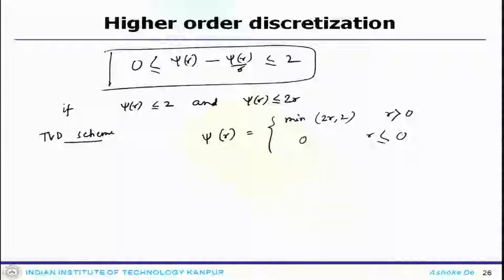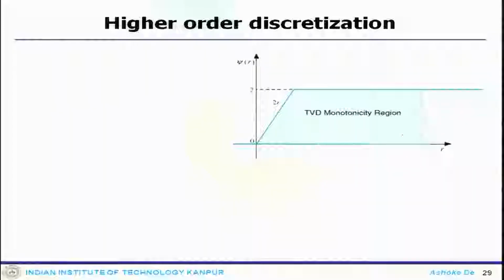So, that is the condition that one can devise, and this condition can be seen in the psi r diagram. This is called the psi r diagram, and this is the region which is the TVD monotonicity region, where it is satisfied.